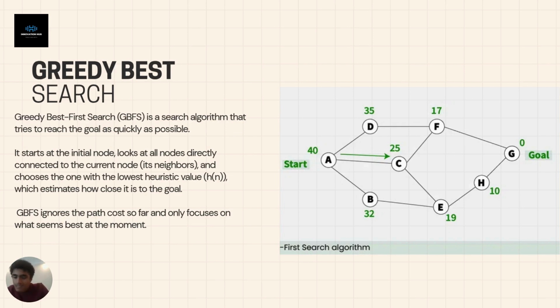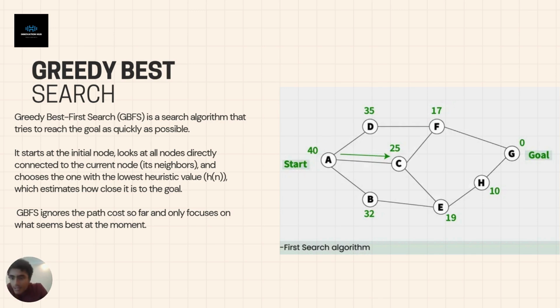This is a type of search algorithm that focuses on reaching the goal as quickly as possible by using a heuristic approach, like we've discussed earlier in this session. Unlike algorithms such as uniform cost search, which considers the total cost of the path so far, greedy best first search only considers an estimate of how close a node is to the goal, its distance from the current node to the goal node.